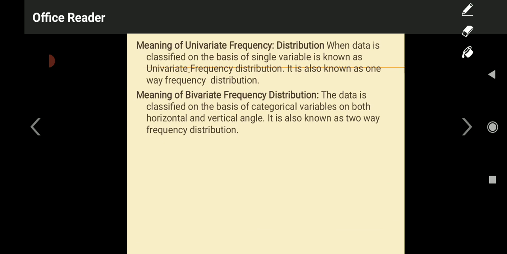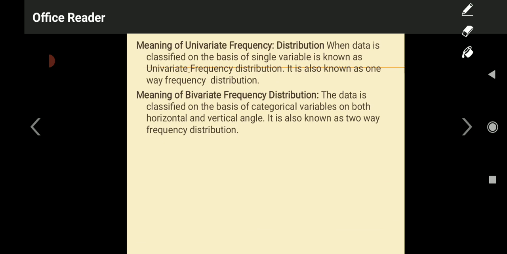I hope you understood, my dear students. Now let us understand the meaning of univariate frequency distribution: when data is classified on the basis of a single variable, it is known as univariate frequency distribution. It is also known as one-way frequency distribution.